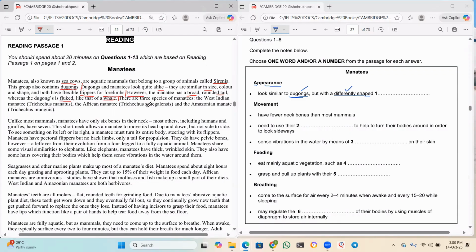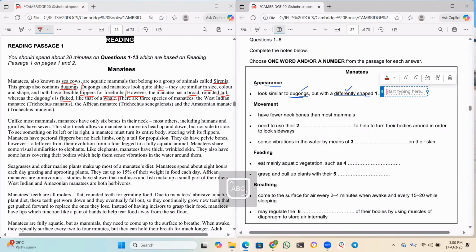However, see, look at the word: however, the manatee has a broad, rounded tail, but the dugong's is fluked like that of a whale. So they both are different in terms of their tail. So yes, tail is our answer. That's what we were looking for. I'll just write tail here. Done.